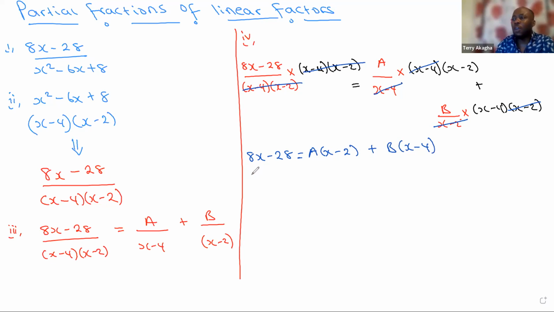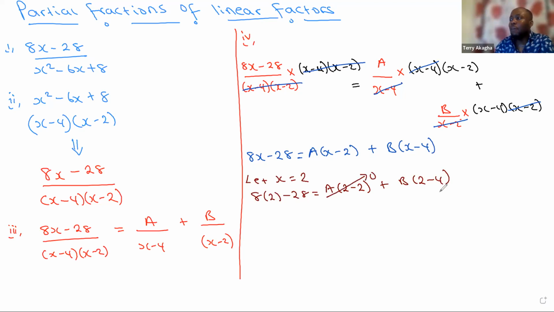So I can use x equal to 2. I will say let x be equal to 2. So I'm going to put 2 here. It's going to be 8(2) minus 28 is equal to a(2 minus 2), plus b(2 minus 4). So 2 minus 2 will give me 0, and I will be left with b now.